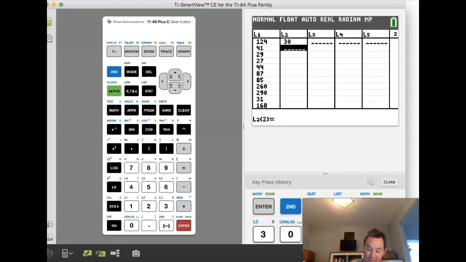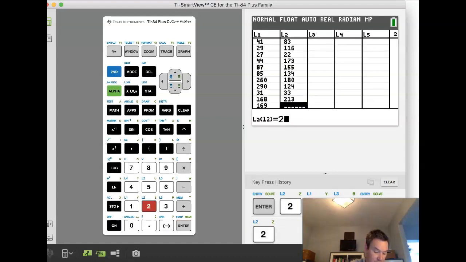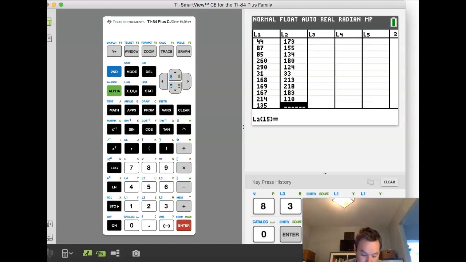Okay, let's try this again. Okay, and they have different amounts of data, but that's okay. We can still make a comparison here.